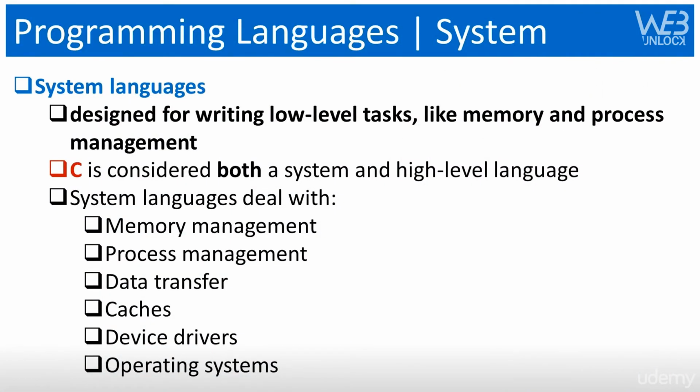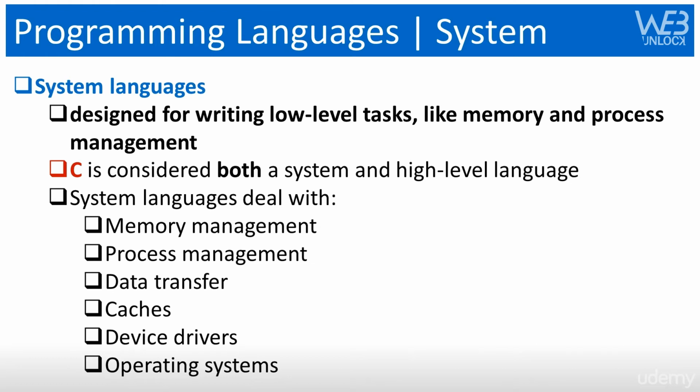Okay, so the next kind or type of languages is the system languages. These are designed for writing low-level tasks like memory and process management. So C is considered both a system and a high-level language. When you hear somebody saying, oh, this is a low-level task, a low-level program, then think of C and of the things that it allows you to deal with. For example, system languages allow you to deal with memory management, process management.